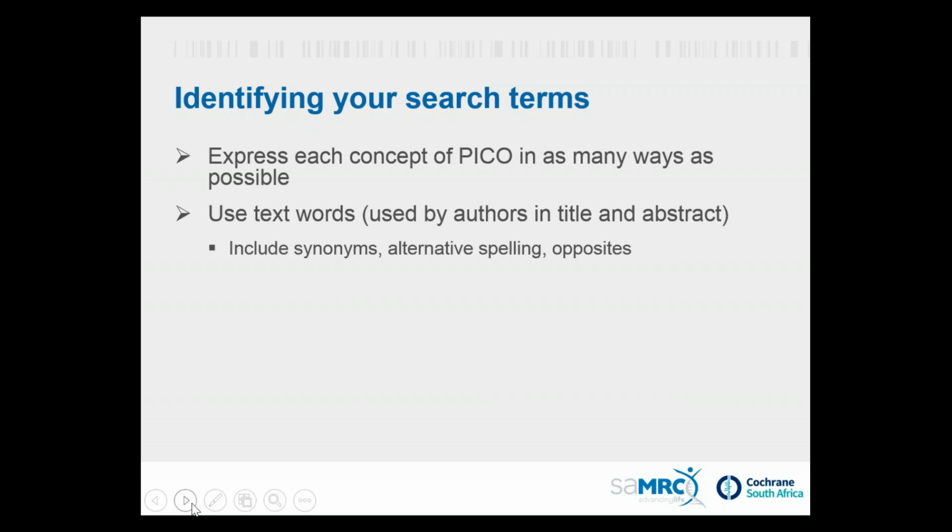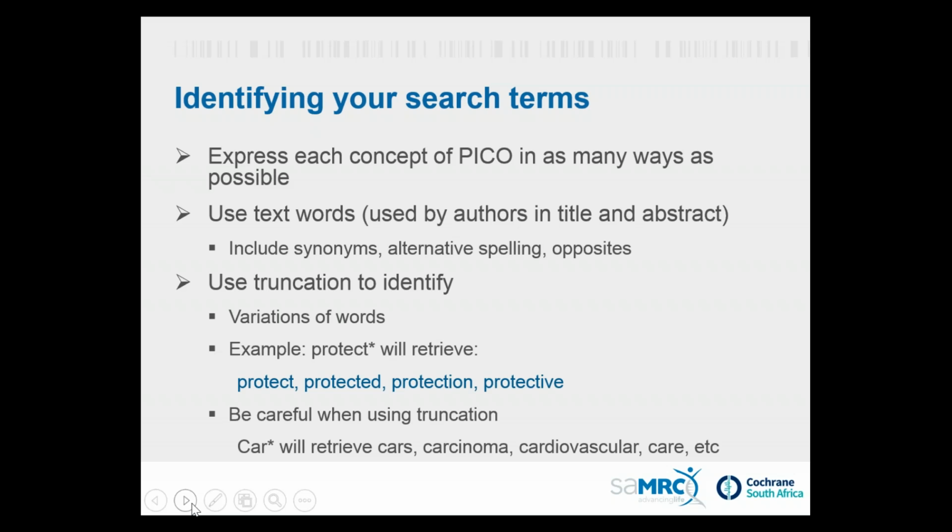You do this by using text words, which are the words used by authors in the title and the abstract. You need to include synonyms, alternative spellings, opposites, for example. You can use truncation to identify variations of words. For example, if you typed in protect with an asterisk, it's going to retrieve protect, protected, protection, and protective.